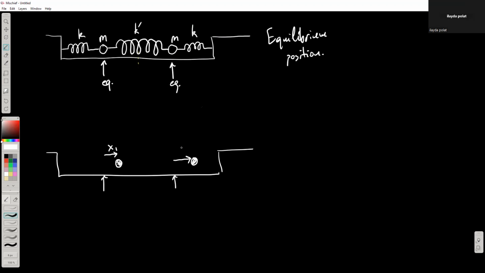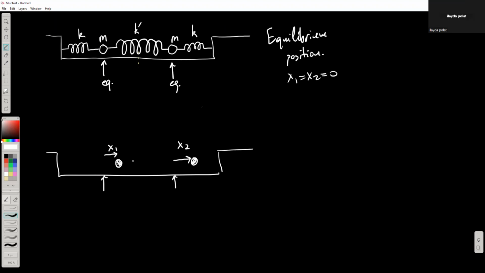So this is the displacement of the second object, right? So x1 and x2 are displacements from the equilibrium positions. This is usually what we choose because sometimes we make this small displacement approximation. So in any case, the equilibrium corresponds to a position where the x1 and x2 coordinates are both equal to 0.